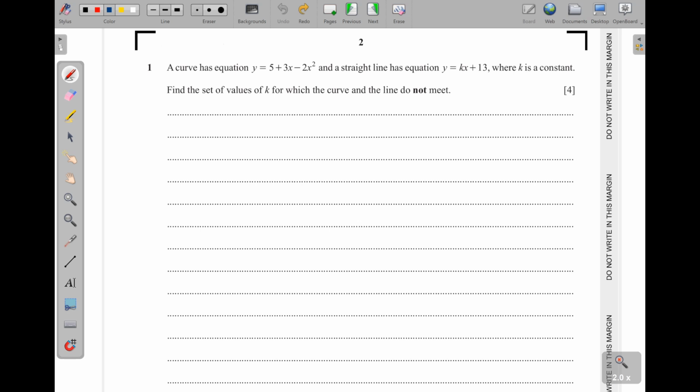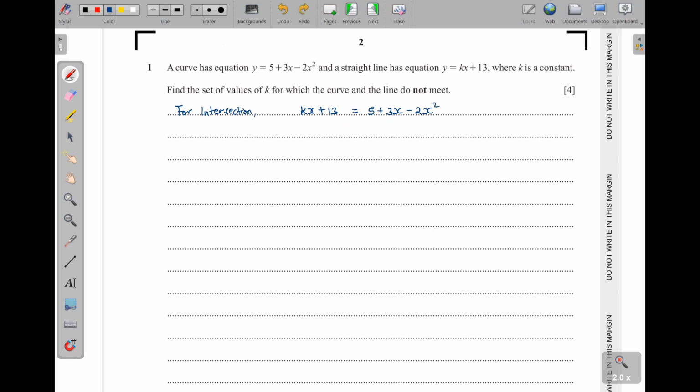Okay, so I can begin by saying for intersection, kx plus 13, this y here is substituted with the whole of this, is equal to 5 plus 3x minus 2x squared. Then I bring everything this side.